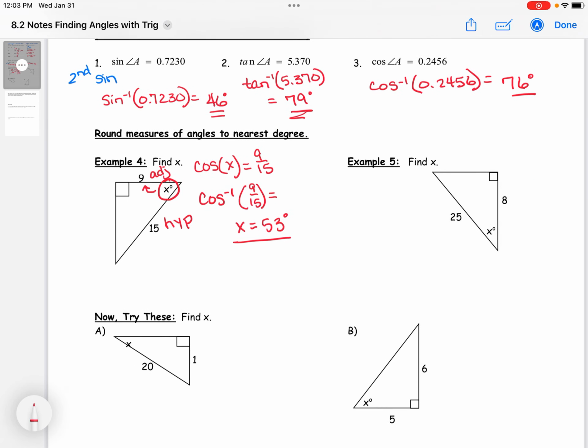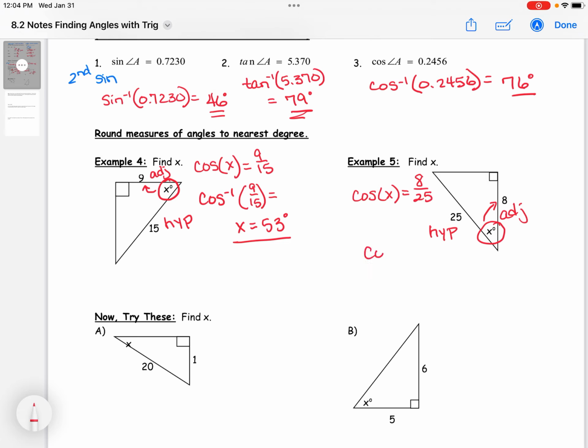So I'm still finding my angle, labeling the sides that I have information for, and then picking sine, cosine, or tangent to work backwards to find the angle. This one looks the same because even though the angle's at the bottom, I still have the adjacent and the hypotenuse. So it's cosine again: cosine x equals 8 over 25.